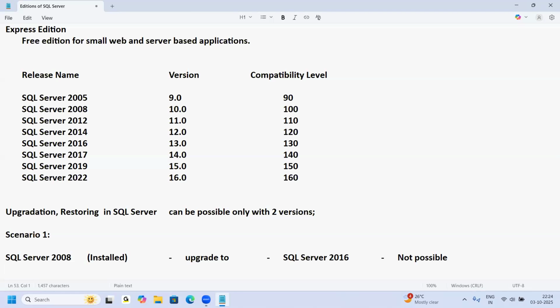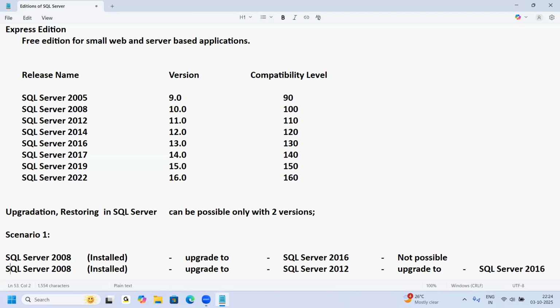Then you have to try like this. SQL Server 2008, which is currently installed, you first upgrade to SQL Server 2012. Then you upgrade 2012 to SQL Server 2016.